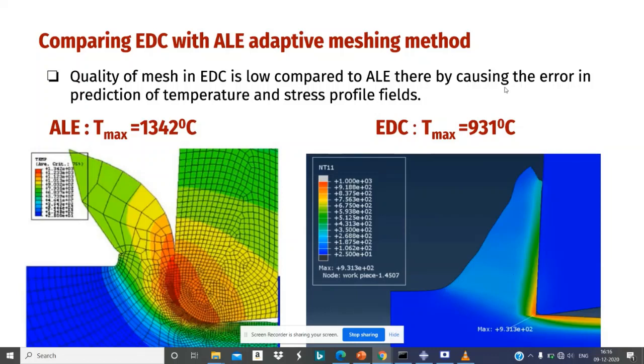Due to the very low mesh quality generated in EDM, the accuracy of the stress predicted by EDM was not as good as that of the paper, but it did take the machine-induced stresses and the tertiary shear zone into account.